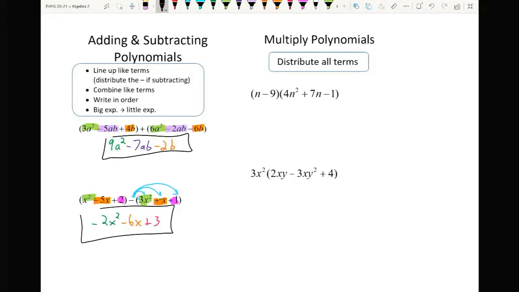All right, now multiplying polynomials. Key phrase here is distribute everything to everything. So when we do this, we're going to make sure we distribute the 9 to everything. The 9 goes to all of those. And the n gets multiplied with all of them as well. So let's do the n's first. n times 4n squared is 4n cubed.